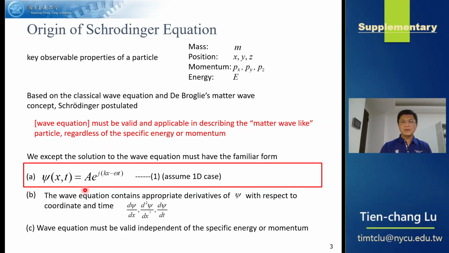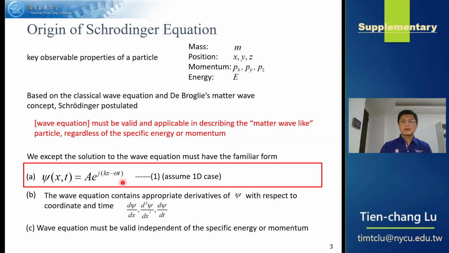These wave functions can be expressed as A, the amplitude of this wave function, times exponential j(kx minus omega t). So k is the wave number of this wave. X, of course, is the position in the x direction. And t, of course, is the time. And here, omega is the angular frequency of these wave functions.